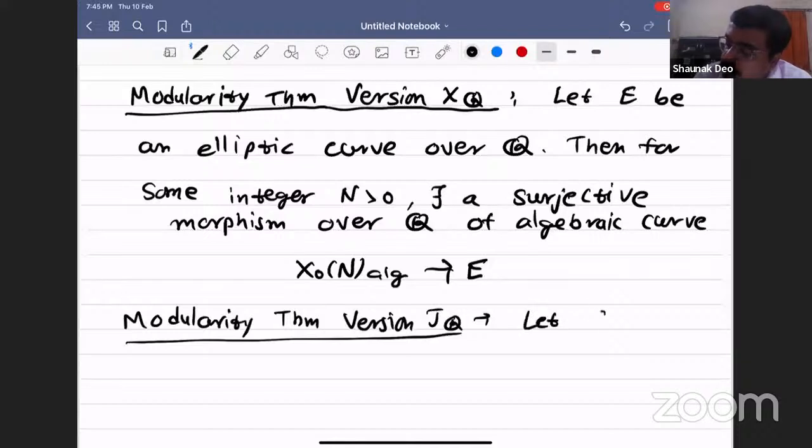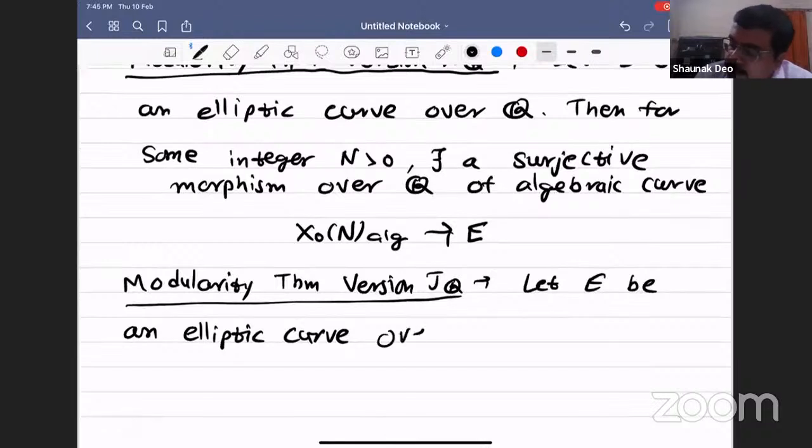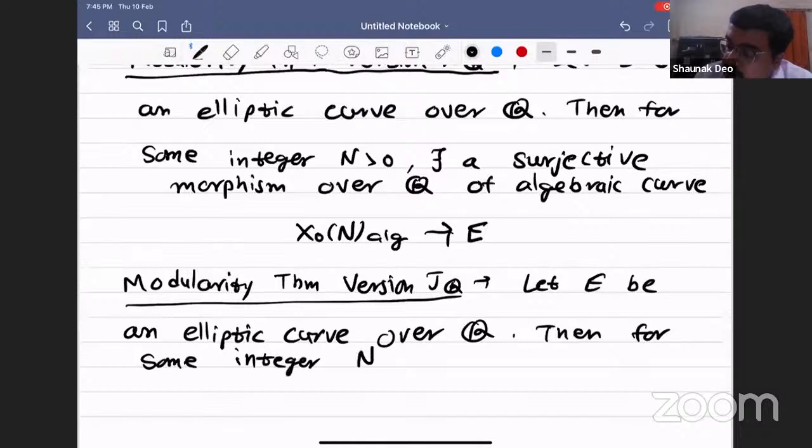Again, let E be an elliptic curve over Q. Then again, for some integer n greater than 0, there exists a surjective homomorphism.